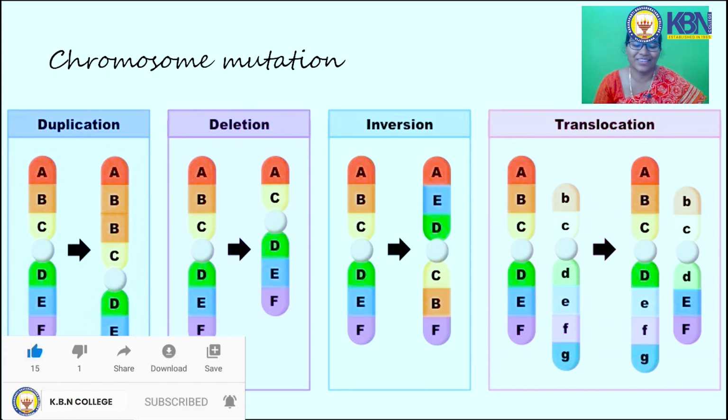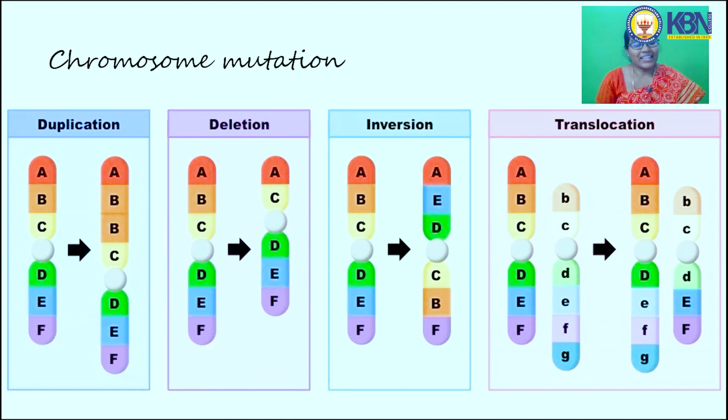Yes, metaphase. And during cell division, during metaphase, if there are any damages or problems, that will affect the chromosome, and then we call it chromosome mutation. There are 4 types of chromosomal mutations and they are listed here.